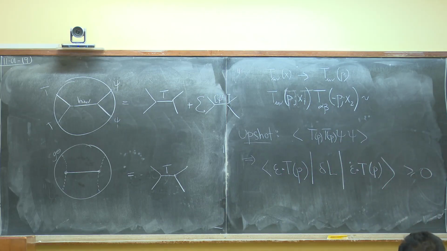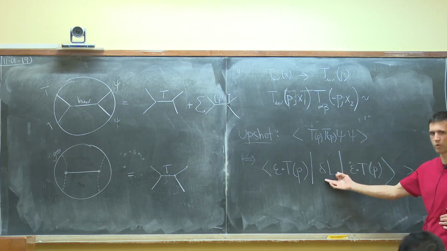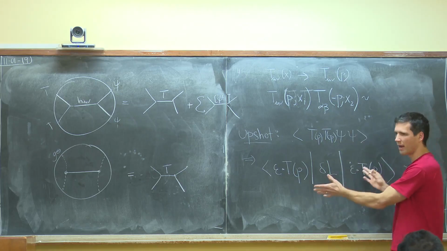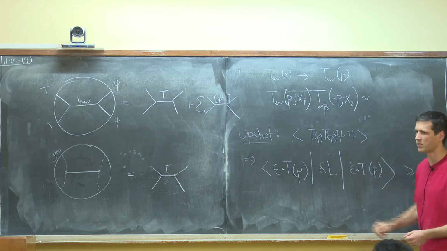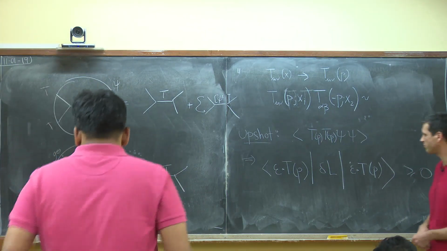In general, you would have to say that the length operator plus double traces are positive, but the double traces are just projected out by working in momentum space for the stress tensors. Therefore, the length operator itself is positive in these momentum states.